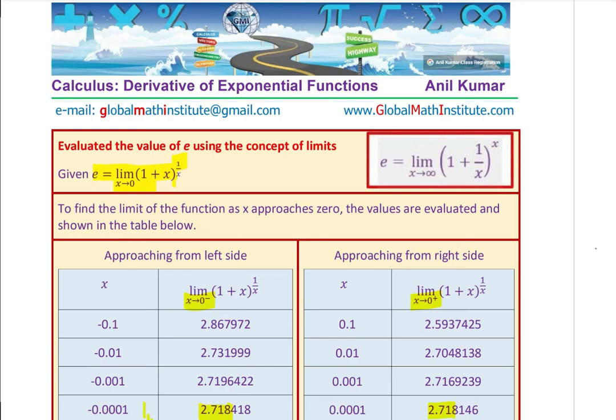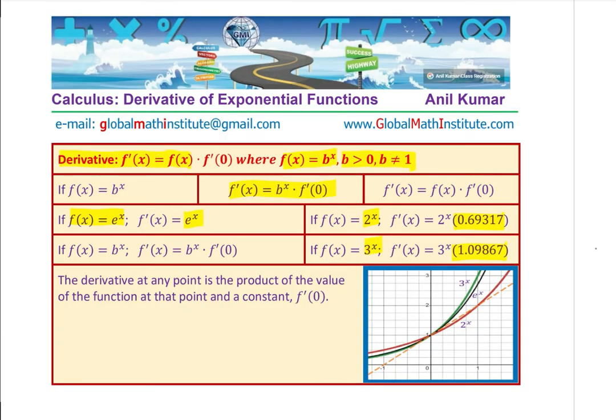Perfect. So let's get back to our situation. We have this particular rule, and let me now summarize it. If the function f of x is equal to e to the power of x, in that case the derivative of the function is e to the power of x.